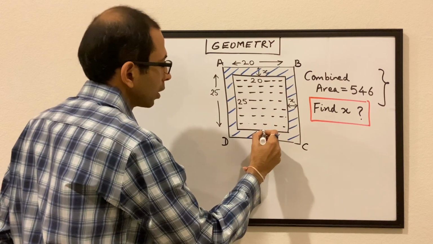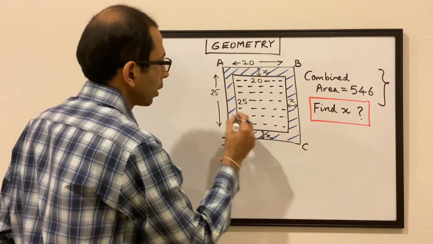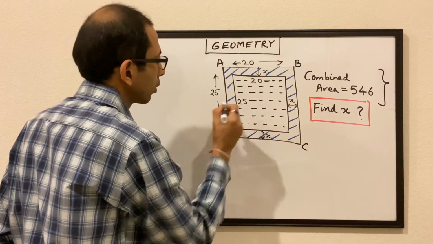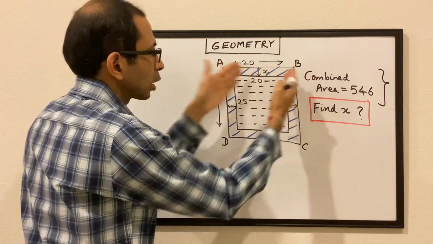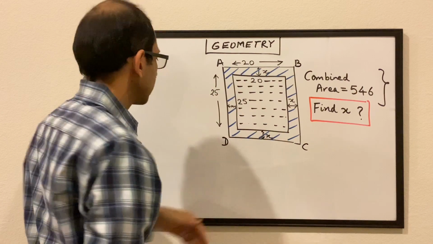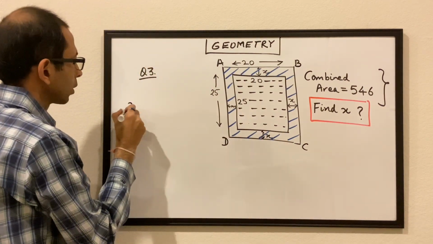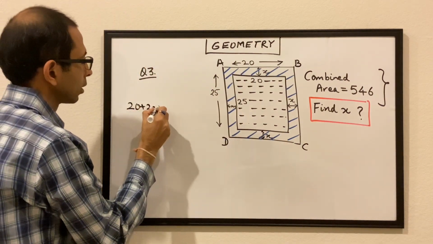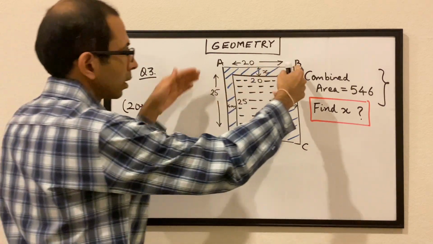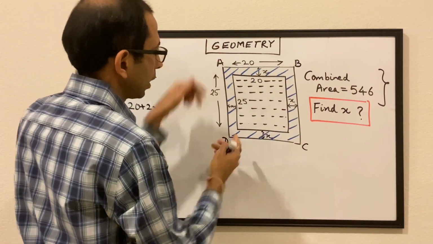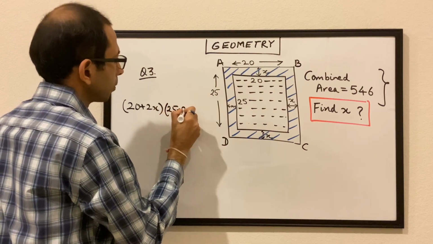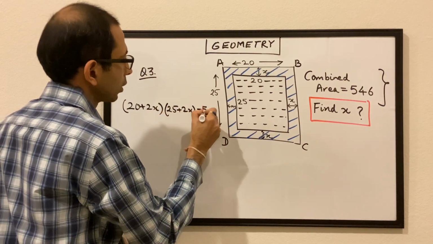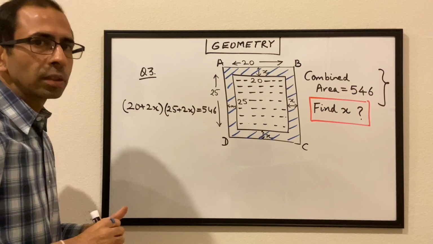Each of the concrete floors are x in width, right? So this length AB would be 20 plus 2x, right? So 20 plus 2x, and that times this length, again 25 plus 2x, is equal to 546.